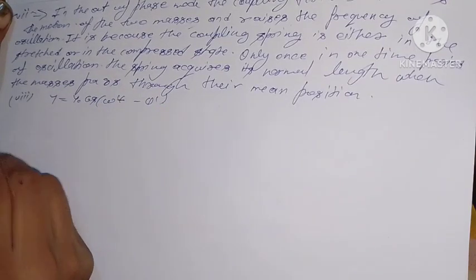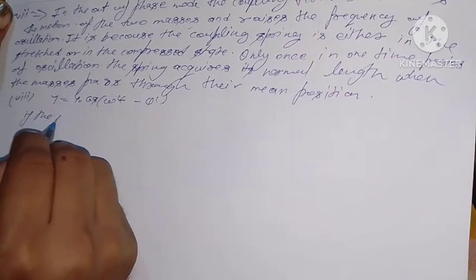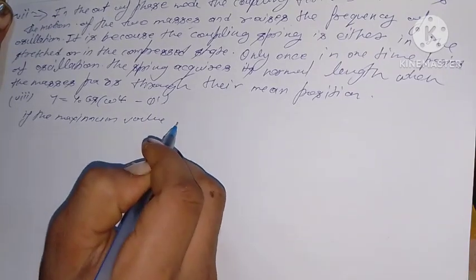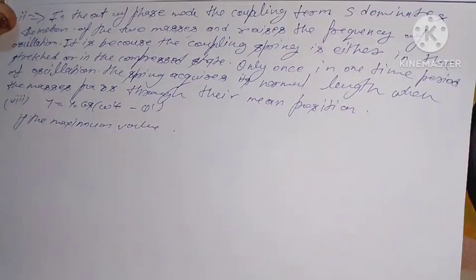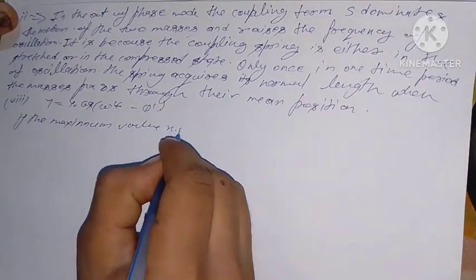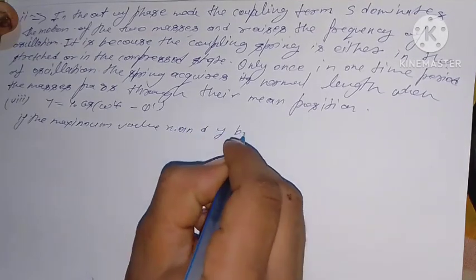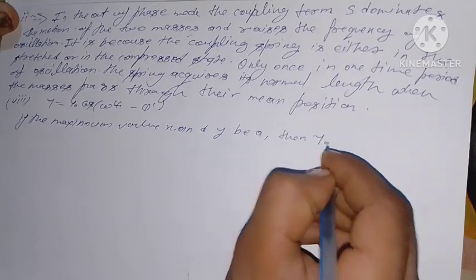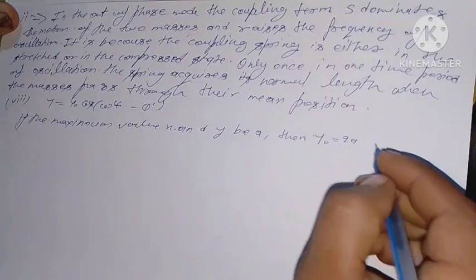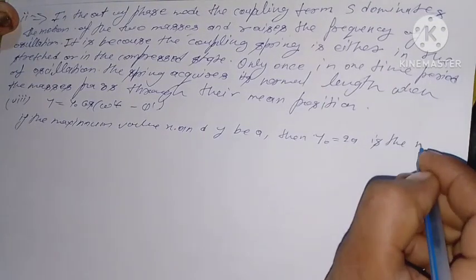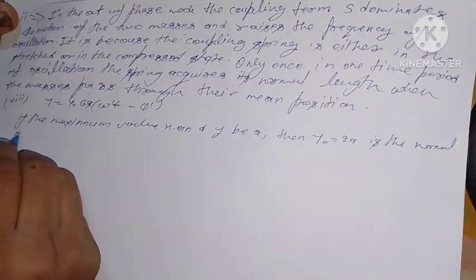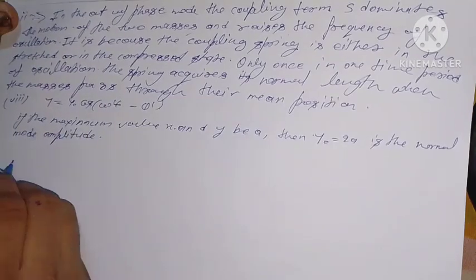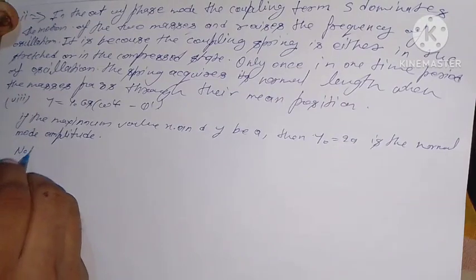If the maximum value of x and y be a, then y naught equal to 2a is the normal mode amplitude. Okay?